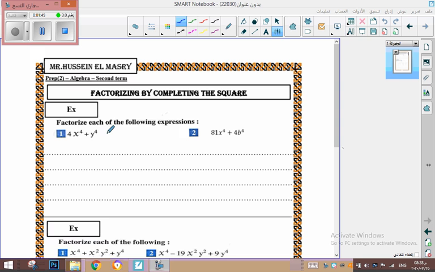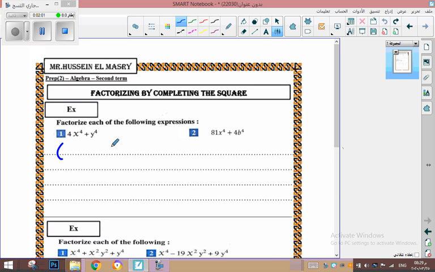First, factorize each of the following expressions. 4x power 4 plus y power 4. In the first exercise, I will open a bracket like this, and I will write power 2 over the bracket. Inside the bracket, I will put the root of the first term.